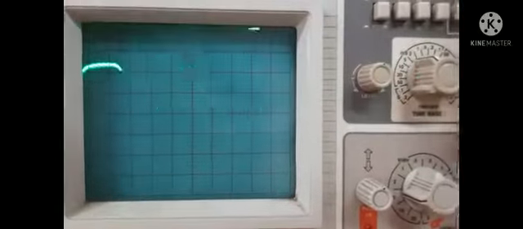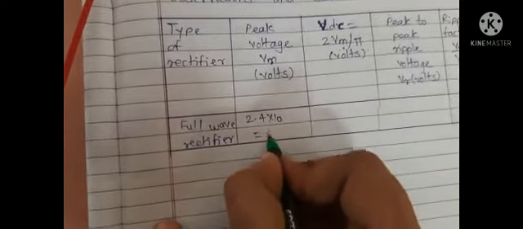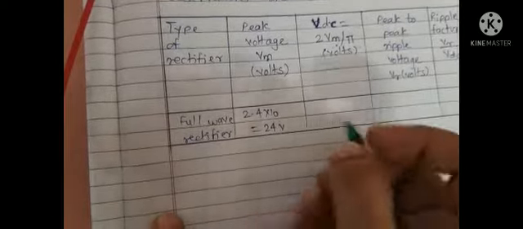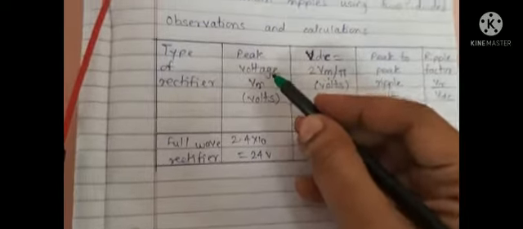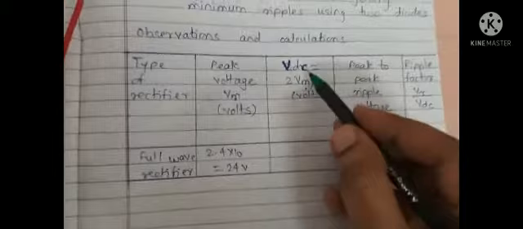That 2.4 into this value, 10, we write 2.4 into 10, we get 24 volts, that is VM, called the peak voltage.